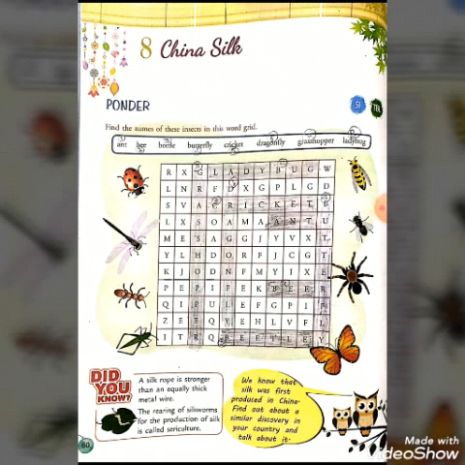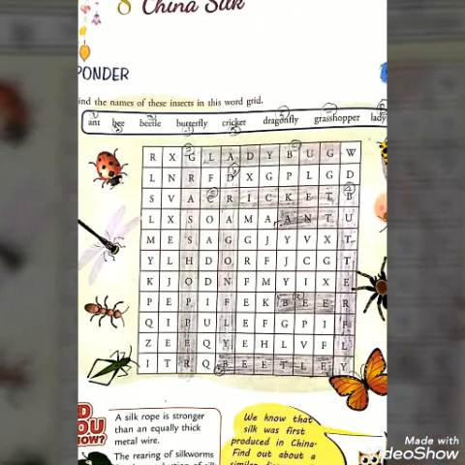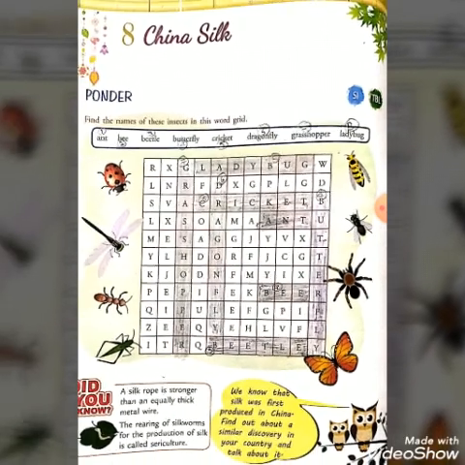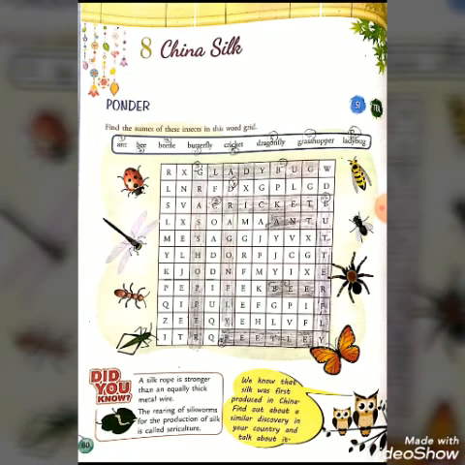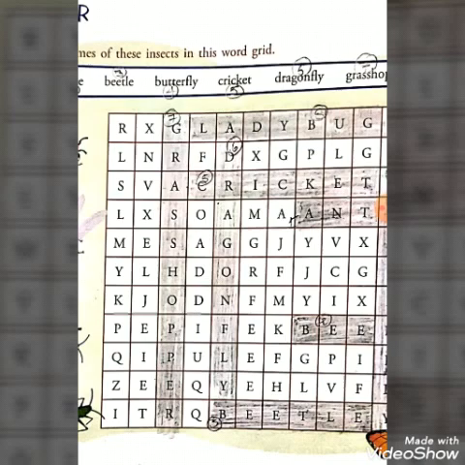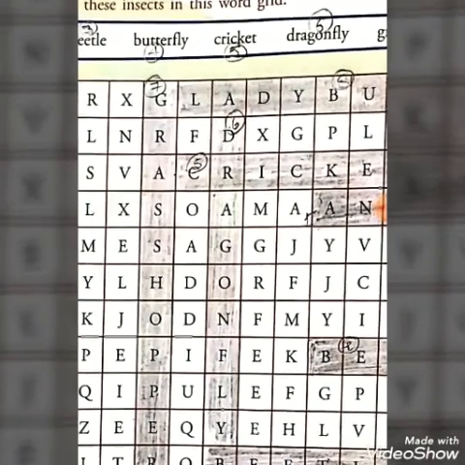Now the fifth one is cricket, C-R-I-C-K-E-T. You can see the word cricket here. Now the next insect name is dragonfly. You can see on your left side, in the fifth row, the name of the insect dragonfly, D-R-A-G-O-N-F-L-Y.